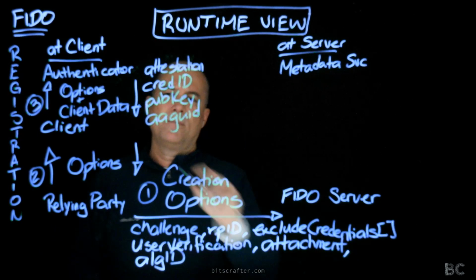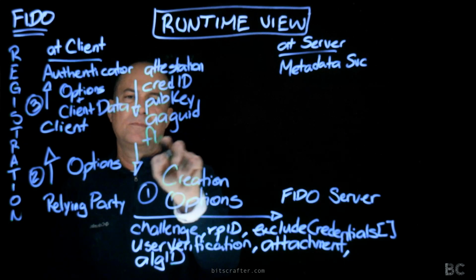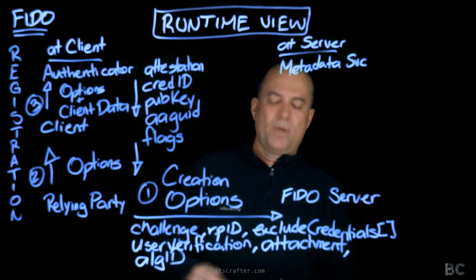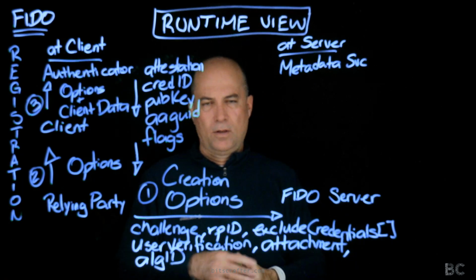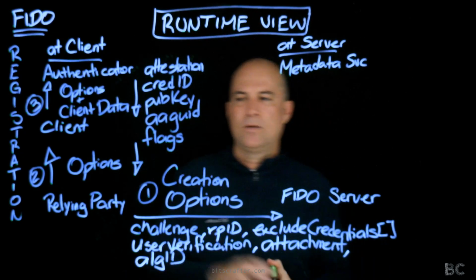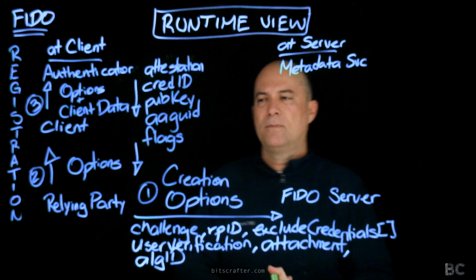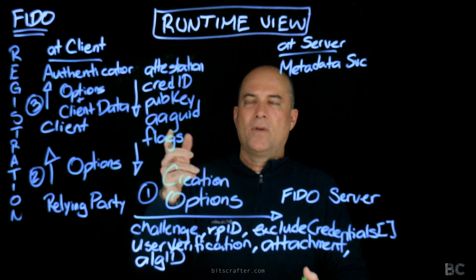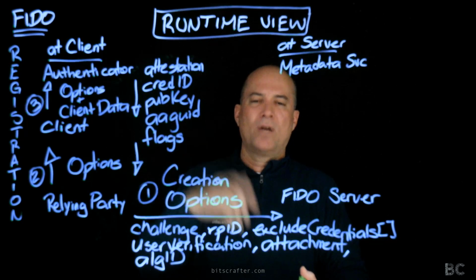Then another one is flags. This is information about the credential that was created. One of the pieces of information that comes inside the flags is whether this FIDO credential can be synchronized or not.